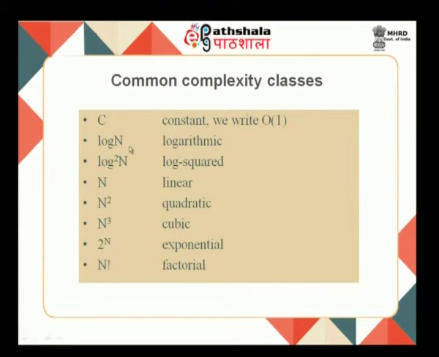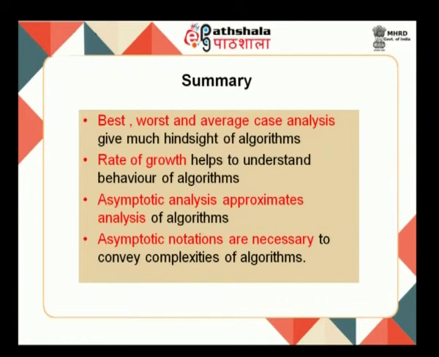Fine. In algorithms we will encounter lots of complexity classes like these: constant, logarithmic, log squared, linear, quadratic, cubic, exponential and factorial. In summary, I can conclude that the worst case, best case and average case are required to express t of n in an apt manner, and the rate of growth is very important to compare various algorithms.